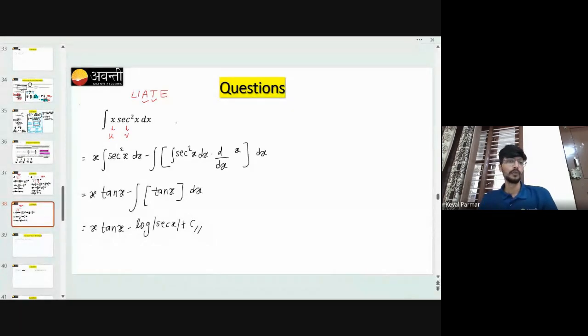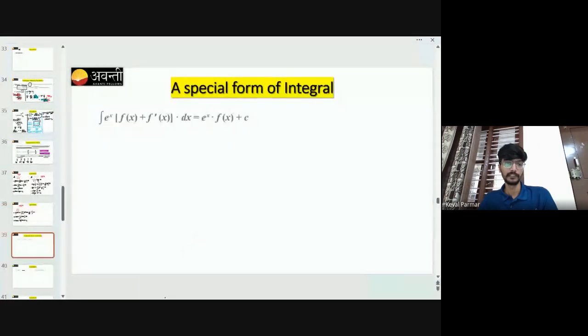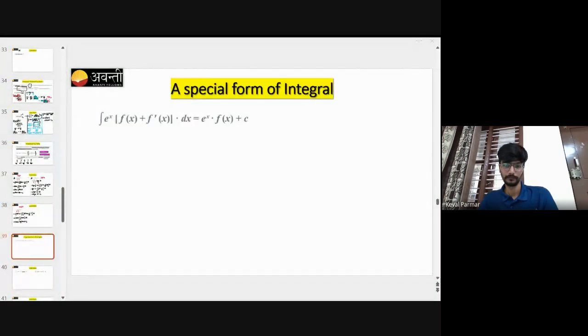So let's move on to the next, which is also an integration by parts type, which is this. You must have known this. A special form of integral here.